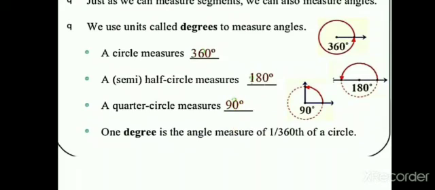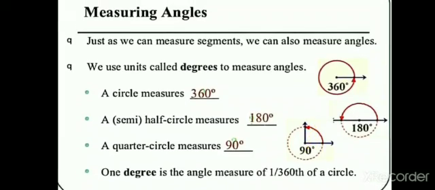1 degree of an angle is the measure of 1 by 360th of a circle. That means if I say 1 degree, out of 360 degrees we have taken 1 degree. Above 360 degrees there is no angle; 360 degrees is the highest measure of an angle.